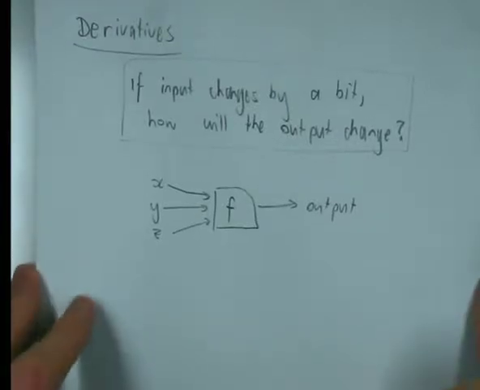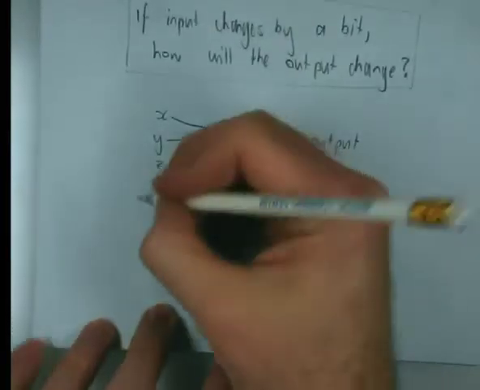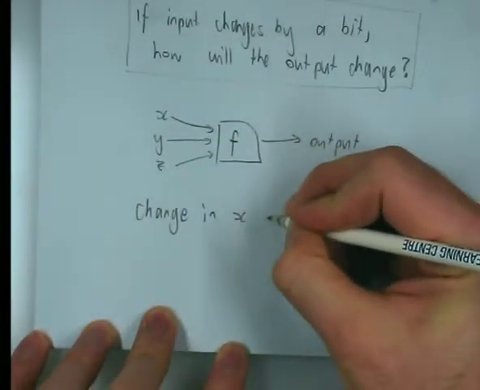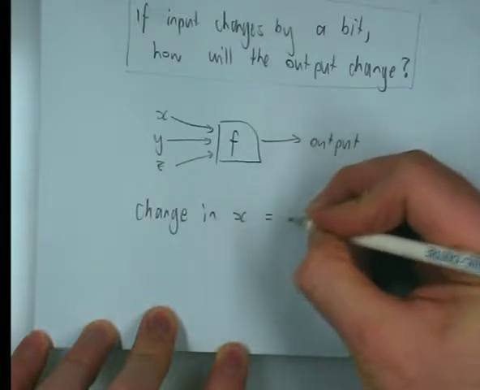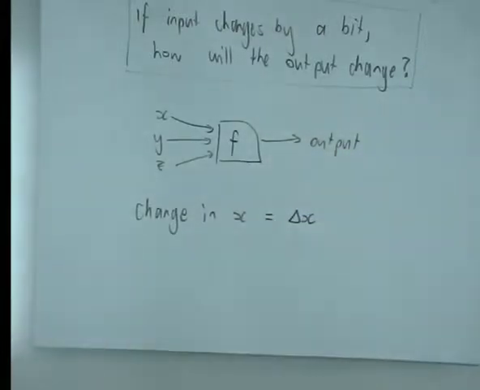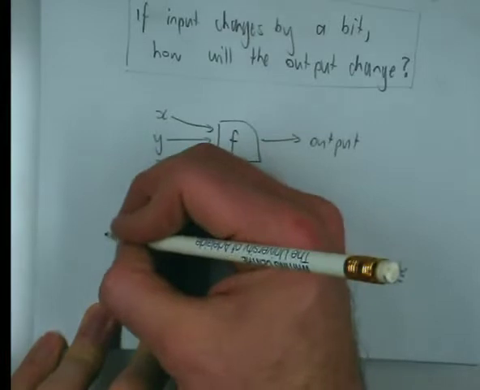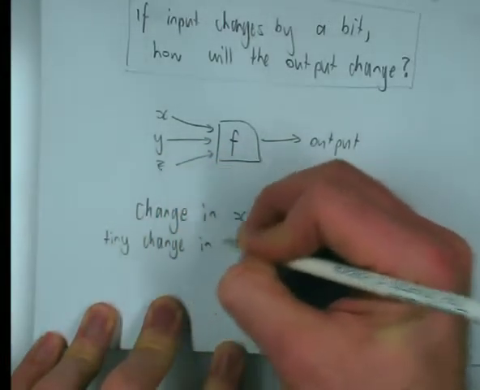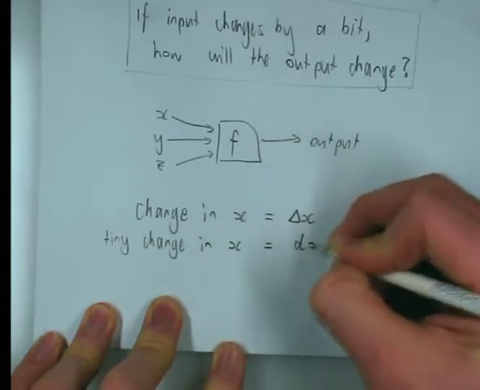Okay. So in science, a change in x is represented by delta x. And when we have a really, really, really tiny change in x that's so small that it might as well be almost 0, then we represent it as a dx.